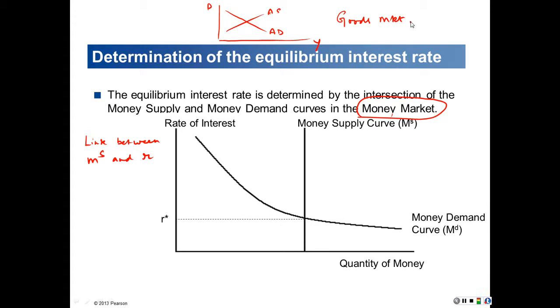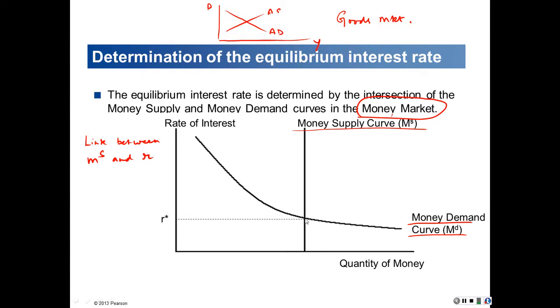But this diagram below is the diagram for what's called the money market. So in this diagram, we have a demand curve for money. It's the money demand curve, M superscript D. And then we have a money supply curve, which is vertical, right? And this will be explained shortly. This is the money supply curve. And as in all markets, we have equilibrium, where the money demand curve and the money supply curve intersect.